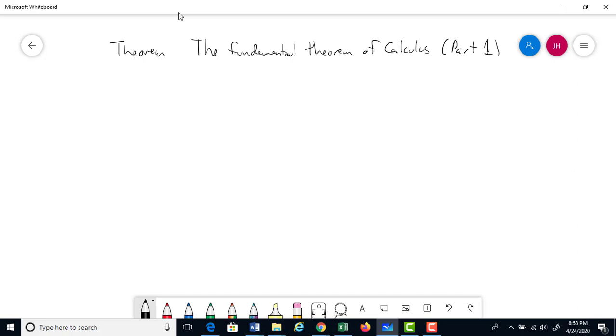They're not exactly inverses, but they're pretty darn close. So if f is continuous on a closed interval, the reason they do that is because its integral must exist. Then we'd say capital F of x is equal to the antiderivative from a to x of little f of x dx.